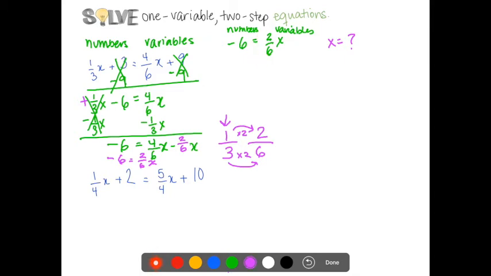And the only way to do that, and this is where your knowledge about what is actually happening comes in handy, we know that this is the same as 2/6 times x. And so once you realize that, then you know that what you have to do to detach these two from being together is to actually divide each side by 2/6.